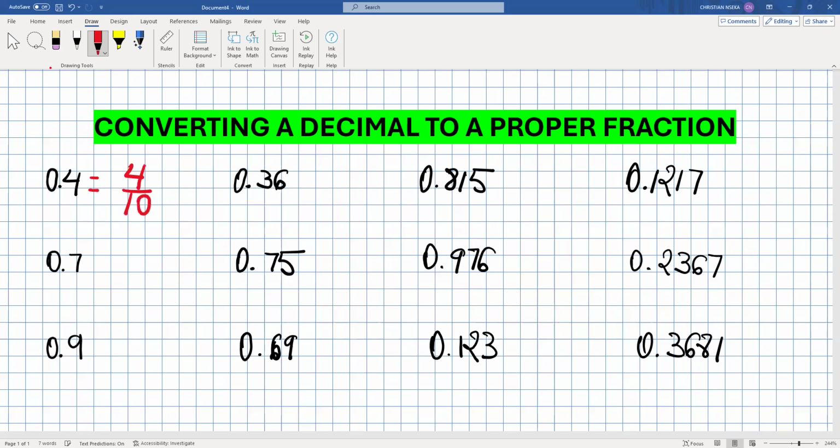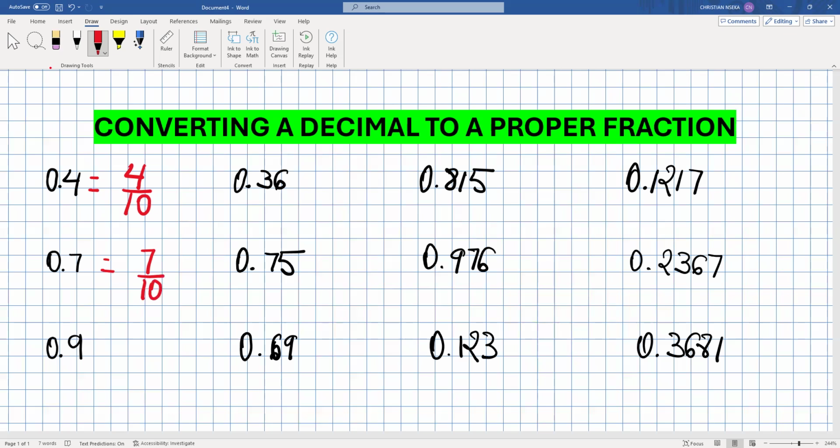That's it. All right. Let's do 0.7. So you're going to write 7. How many decimal places do you have after the decimal point? You have only one. So that will dictate that you're going to have only a 10 over there. All right. Let's do 0.9.